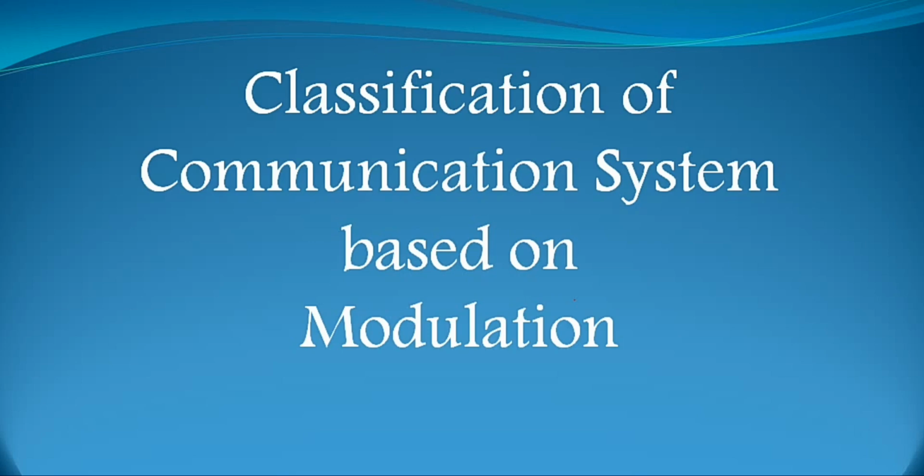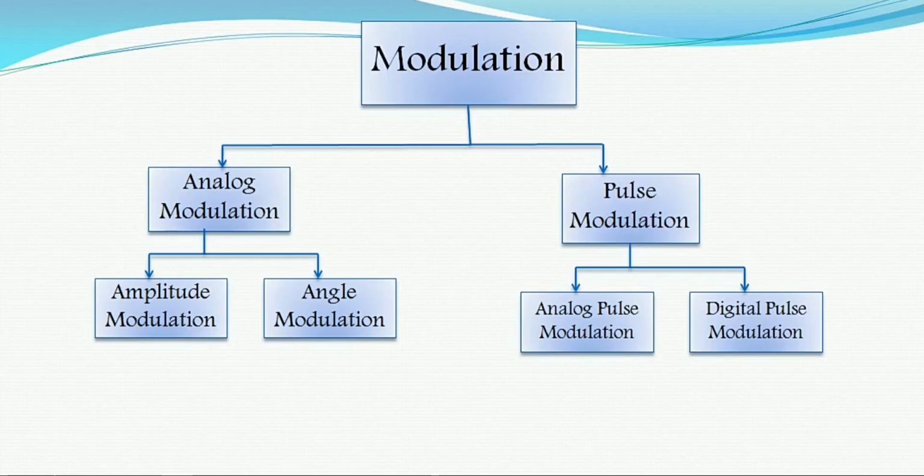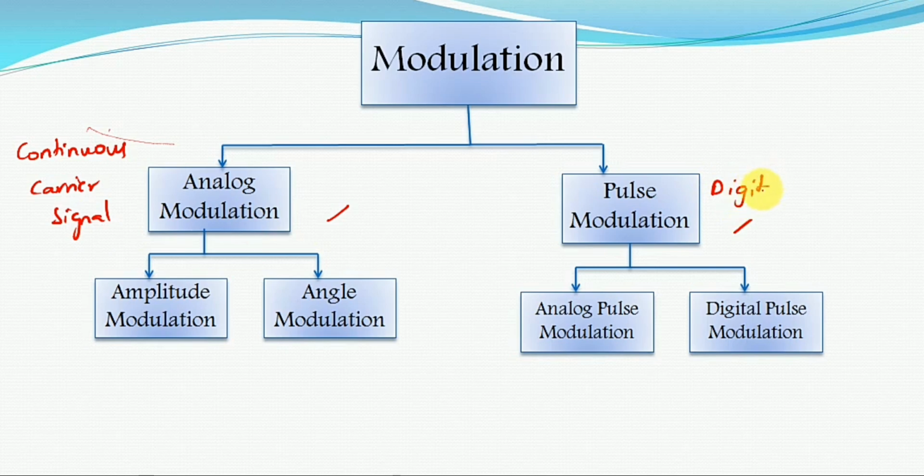Depending on the type of carrier signal, modulation is divided into two types: one is analog modulation and the second one is digital modulation. Digital modulation I can say is pulse modulation. In analog modulation, the carrier is a continuous high frequency signal, whereas in pulse modulation the carrier signal is a digital signal which has only zeros and ones.